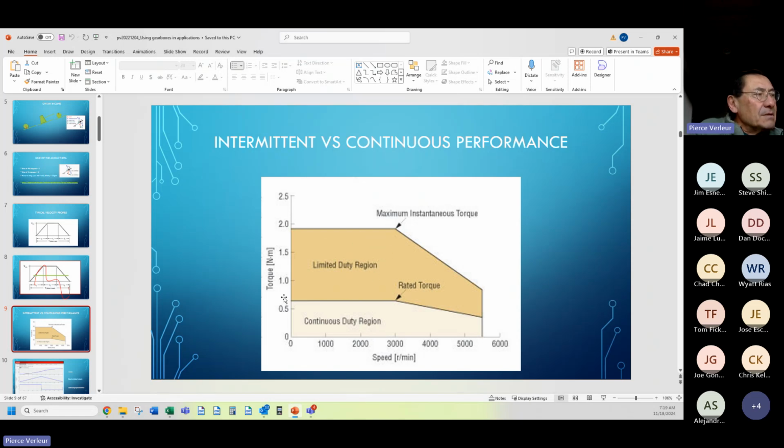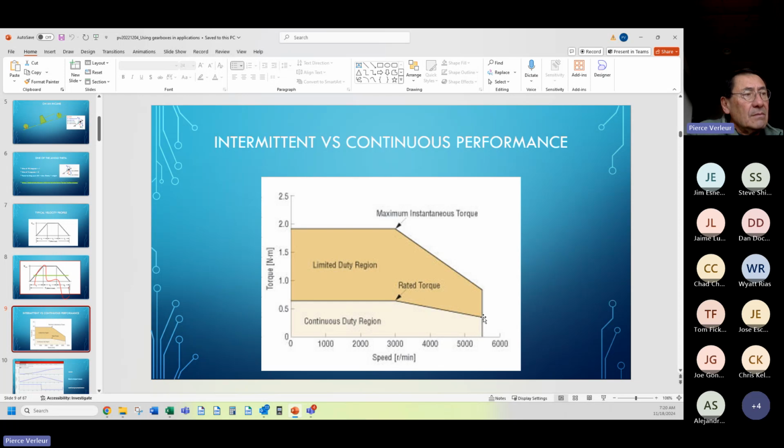Maybe this value here is very close to continuous, but this value here may be 3 seconds. And that means that you can use this torque only for a very short period of time, for example, a sharp acceleration. Note that the rate of the peak capability of your motor drops precipitously compared to the continuous duty rate of decline above the rated speed of the motor.